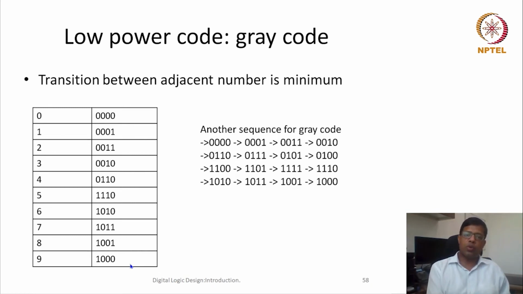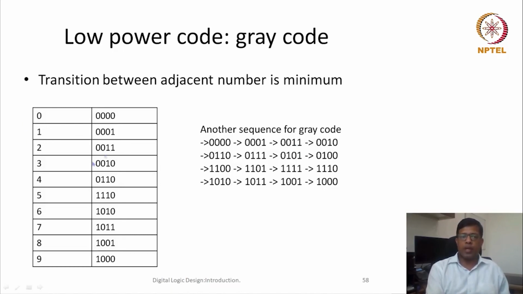If we would like to get a generic method of writing these gray codes, this table could help. These are gray codes for up to 16 numbers. Here you will find one interesting property, that 0 is represented like this, and then 1, and then 1 1 is representing 2, and 1 0 is representing 3.